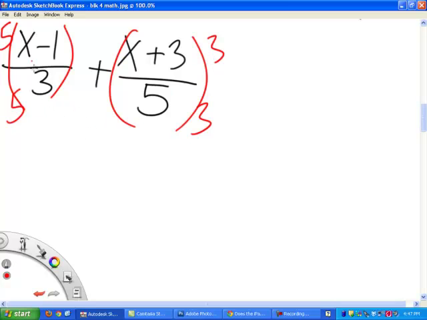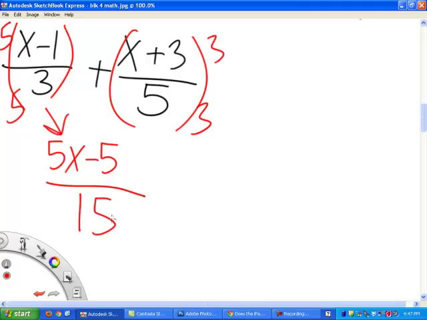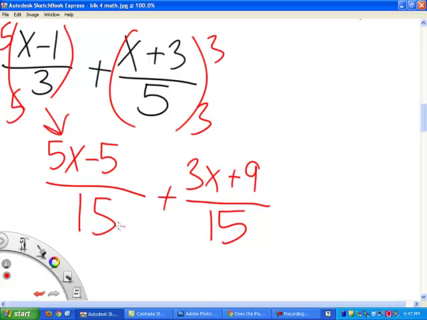So 5 times x is 5x minus 5 times 1 is 5. 5 times 3 is 15 plus 3 times x is 3x. 3 times 3 is plus 9. I'm going to draw this over 15.